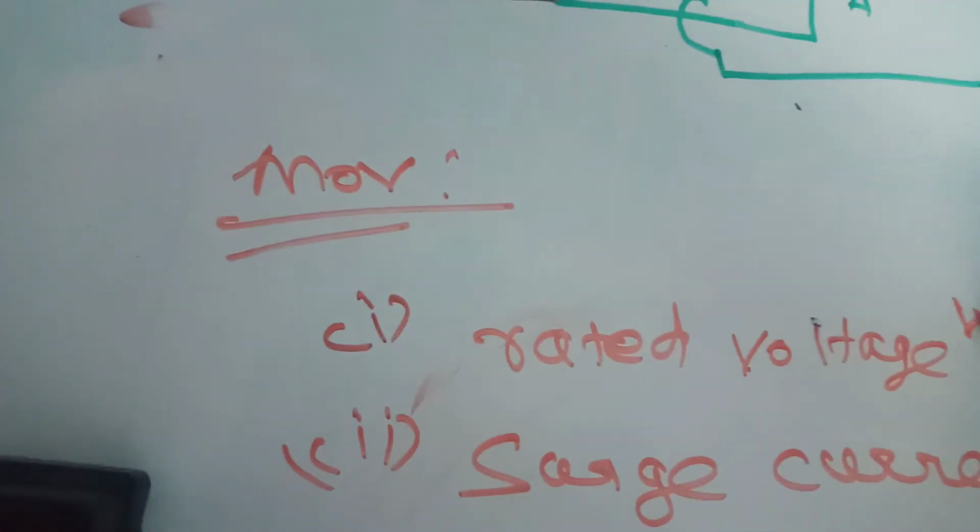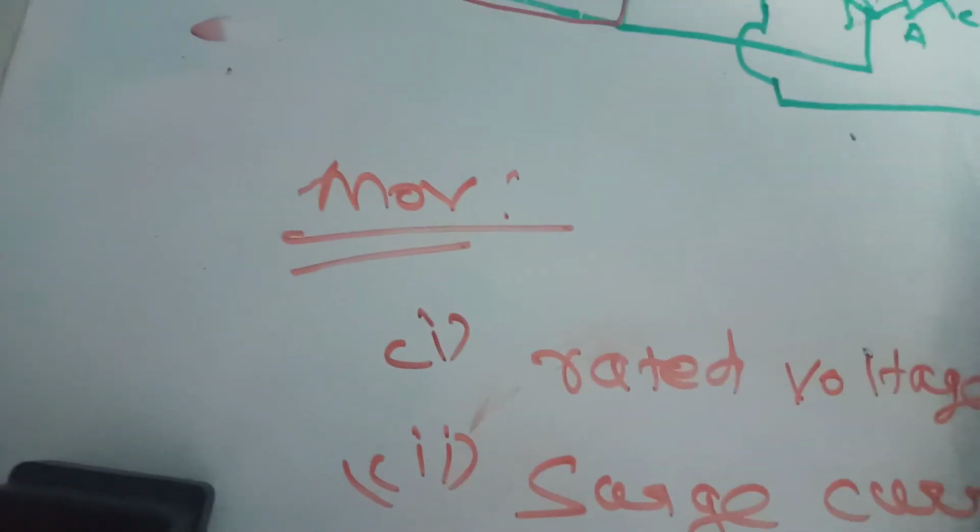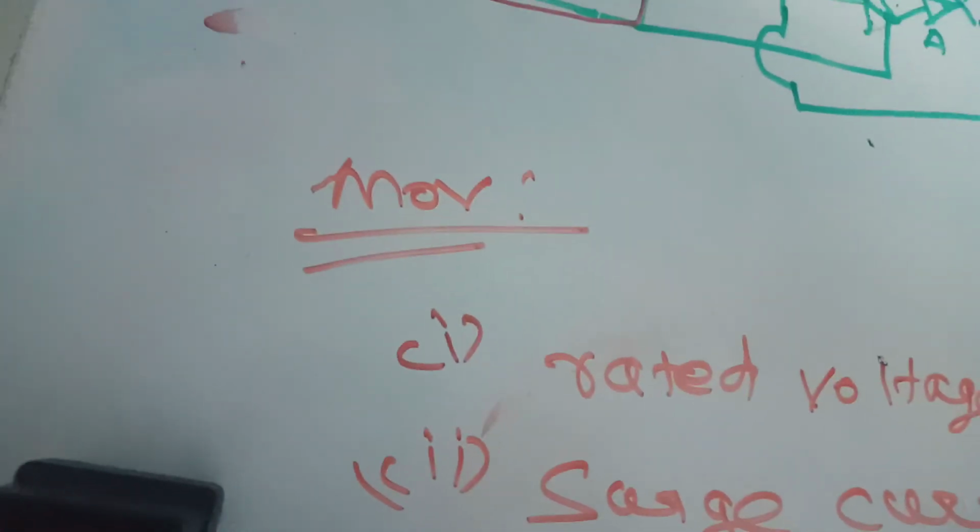For example, my continuous rated voltage will be 415, or 420 will work. After that, if 480 comes, it will break down and become a short circuit. It won't allow it.